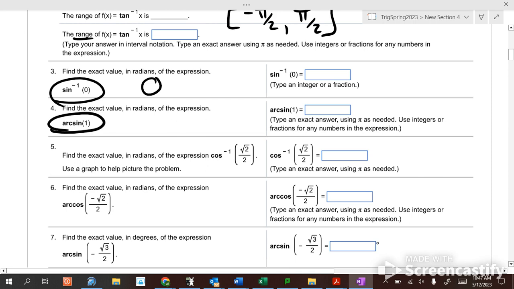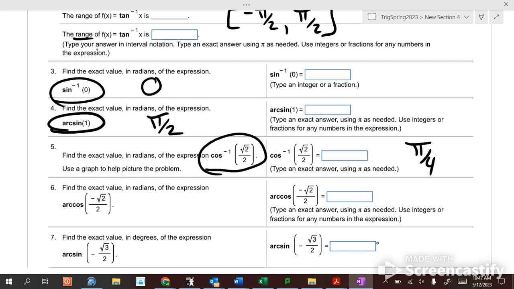Arc sine means the exact same thing as inverse of sine. So where is sine equal to 1 at? Pi over 2. Okay? Where is the cosine equal to the square root of 2 over 2 at? Pi over 4.